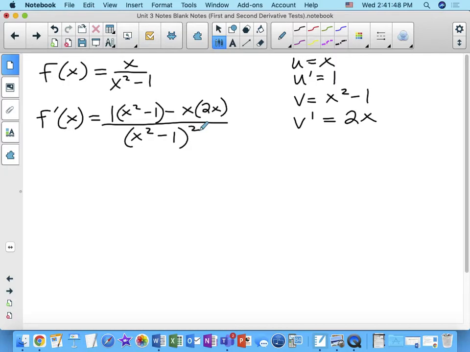And if we clean this up a little bit, this is going to become x squared minus 1 minus 2x squared. So that is negative x squared minus 1 over x squared minus 1 squared.